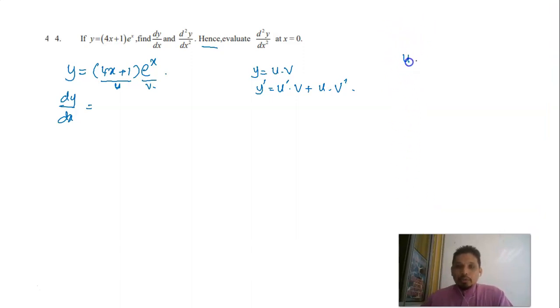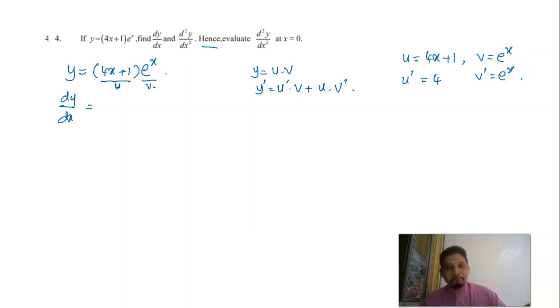So for the first part here, u equal to 4x plus 1 and v equal to e to the power of x. Then u prime equal to differentiate 4x plus 1, it gives you 4, and v prime, differentiate e to the power of x, is e to the power of x.